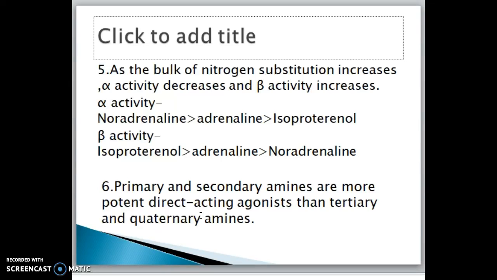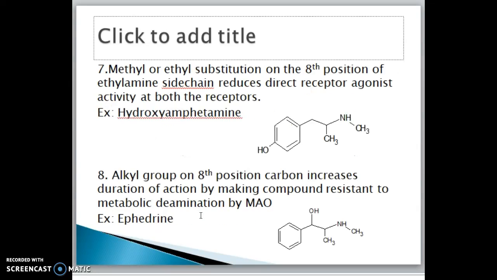In the same way, for beta activity, isoproterenol has higher beta activity than adrenaline and then noradrenaline. Moving on, to what extent can we substitute on this nitrogen? Primary and secondary amines are more potent direct acting agonists than tertiary and quaternary amines.